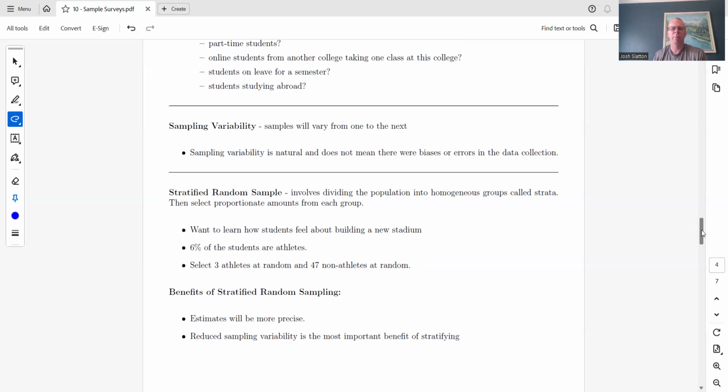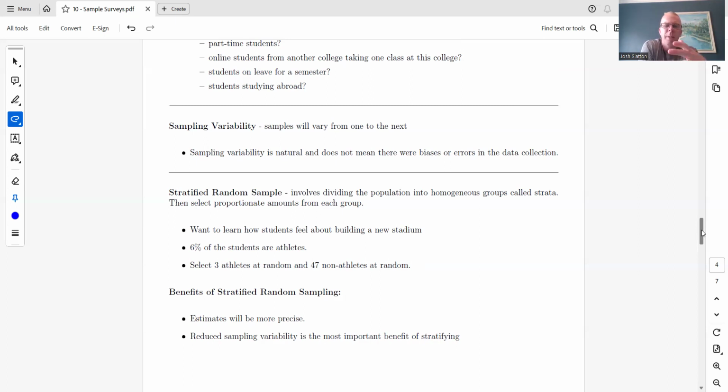So stratified random sample is where you divide the population into groups called strata. And I always emphasize that these are not random groups. You could divide into male, female, or group by race or religion or major, if we're talking about college students.